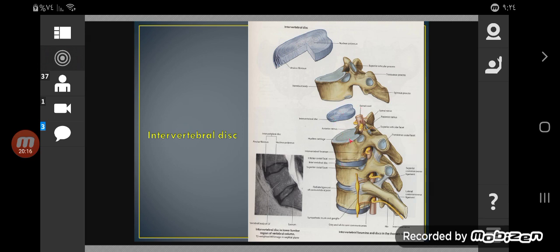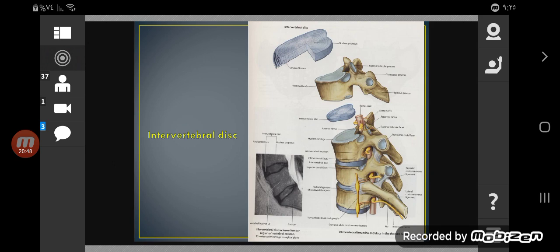But the superior surface of the lower vertebral body and the inferior surface of the higher vertebra are covered by hyaline cartilage, and the intervertebral disc is between them. And you can see this symphysis joint, or secondary cartilaginous joint, between the bodies of the two adjacent vertebrae.